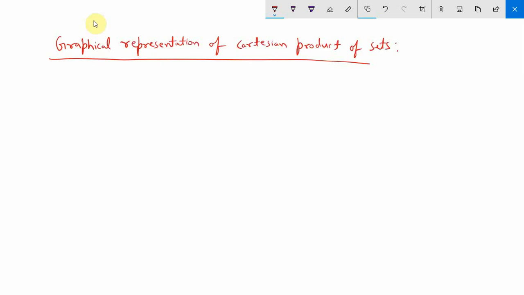So, if we consider two sets A and B, which are non-empty sets, and if we represent A × B graphically, how we can do this?